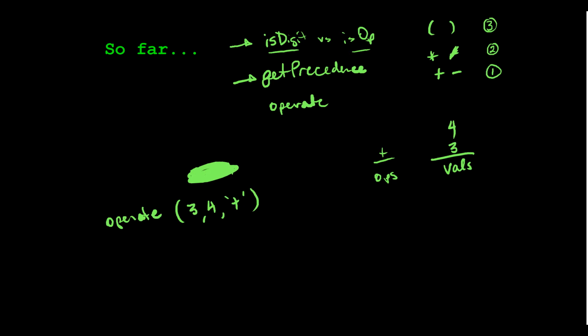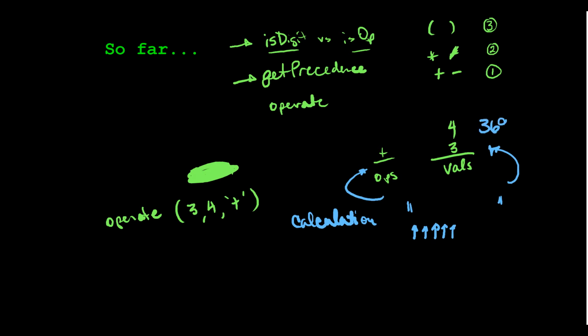What we have to do today is we actually have to take care of calculations. In other words, given a string, we're going to have to set up some type of loop that's going to go char by char through the string, putting stuff into the vals stack or putting stuff into the ops stack, maybe even building a multi-digit number.